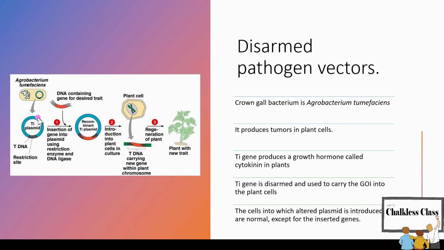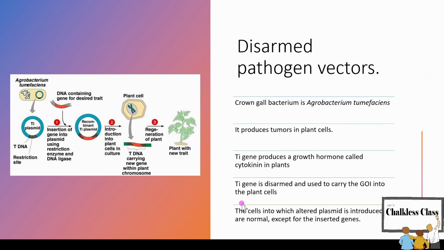So these plasmids are disarmed by cutting this T-DNA, the tumor-inducing DNA. In that place, we keep the gene of interest and allow this bacterium to attack the plant cells. Now, this plasmid is transferred to the plant cell and becomes a part of the host cell DNA.